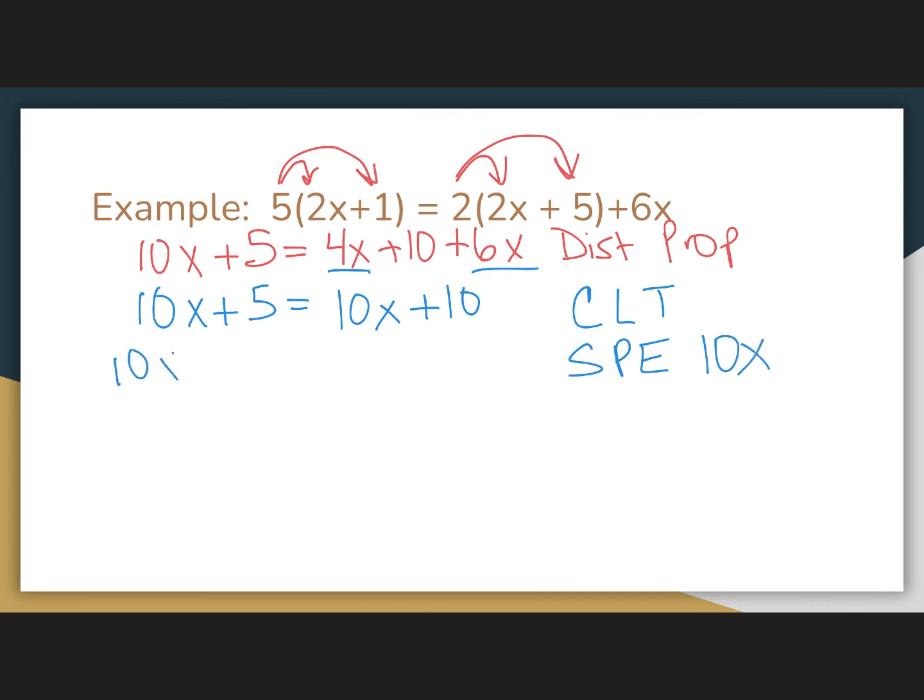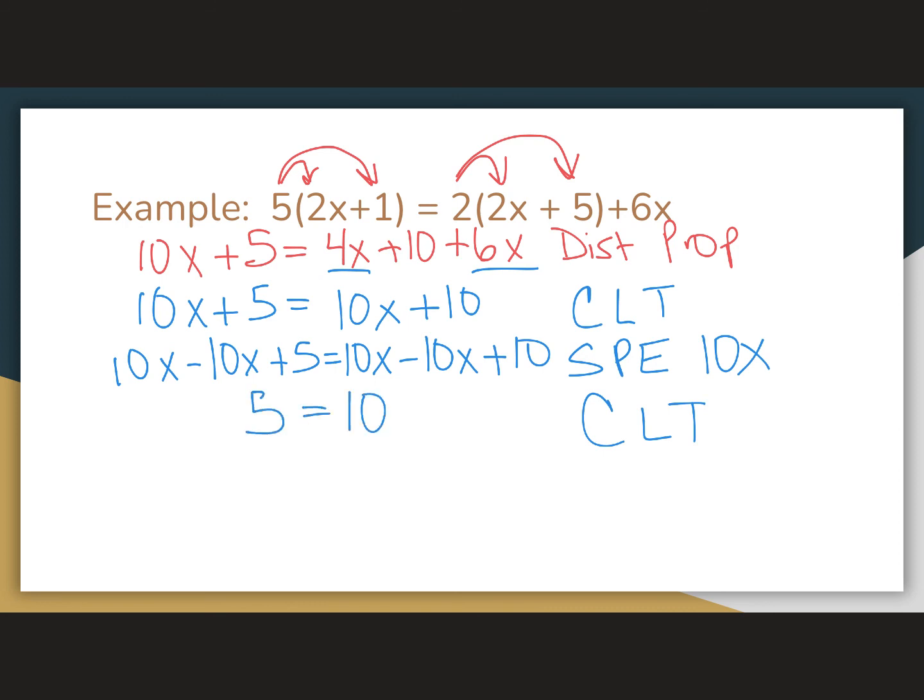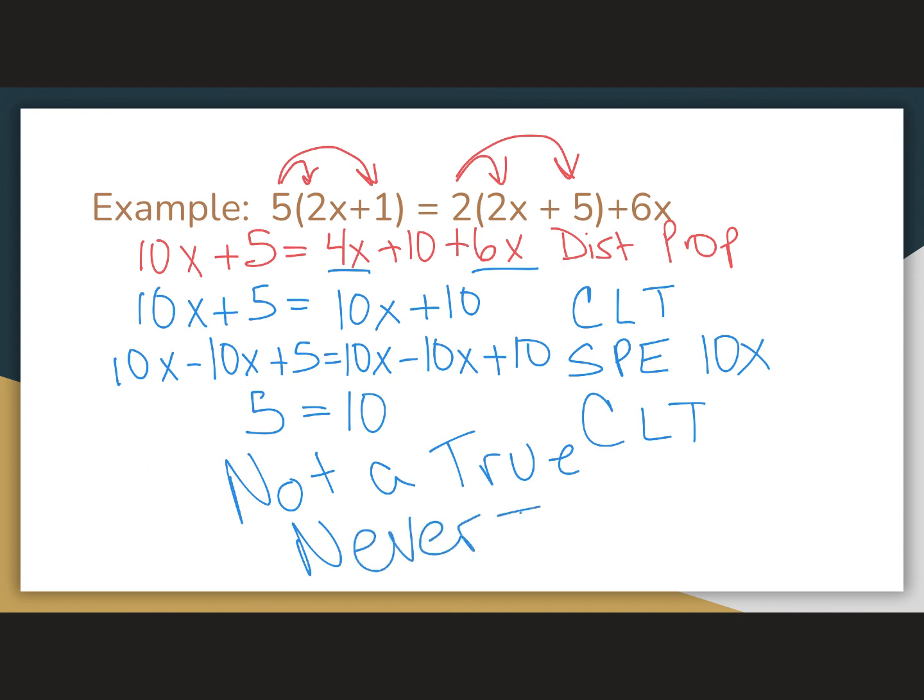So I have 10x minus 10x plus 5 equals 10x minus 10x plus 10. When I combine my like terms, I get 5 equals 10, because the 10x's will cancel on each side. So I'm left with 5 equals 10. This is not a true statement. So this is my reasoning that this is never true. This equation would be never true.